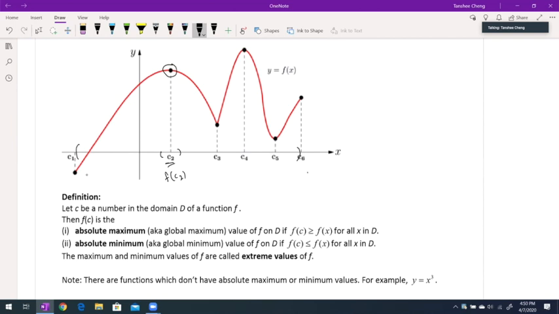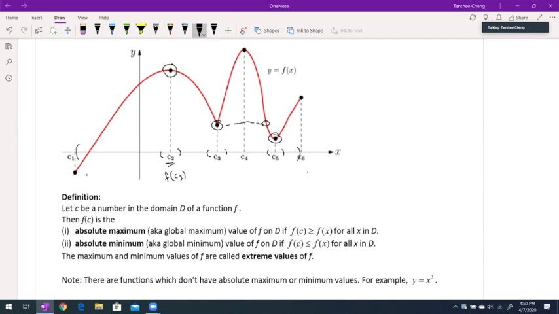And this will be considered a local minimum on an open interval around that number C. Because if you move away from this, then there may be some value that is smaller than that. So that would be another local minimum that we are talking about, right? For example, this value right here is also equal to this value. So it cannot happen; it will be an open interval around that.